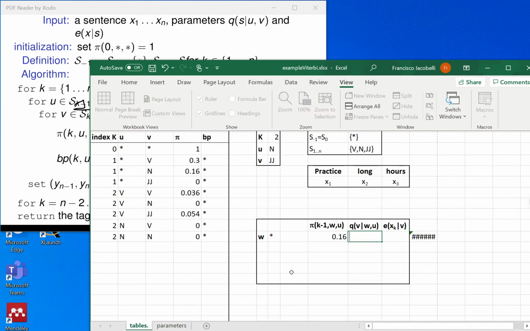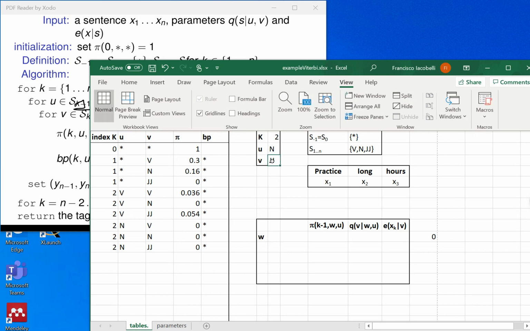So that's a 0. So the entry 2NJJ is 0, and the tag that created the 0 was a star. So let's remove this.